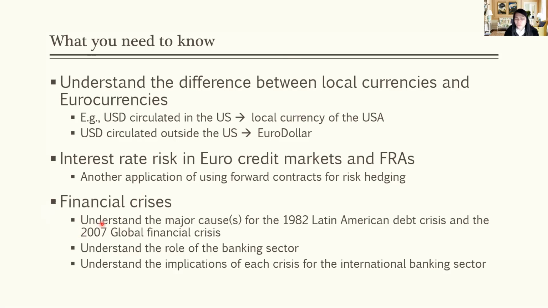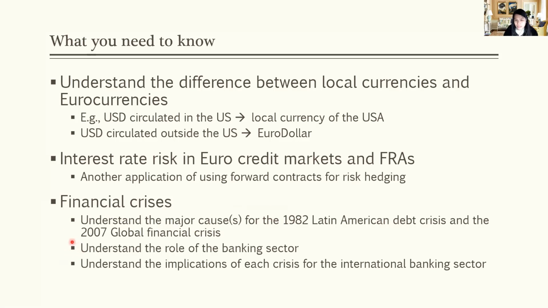The key similarity between the two crises is that they were debt crises, caused by over-borrowing of the countries or the companies involved. For this topic, you need to understand the major causes of the crisis. For each of those two crises, the causes were different, and we'll talk about these crises in detail later on.